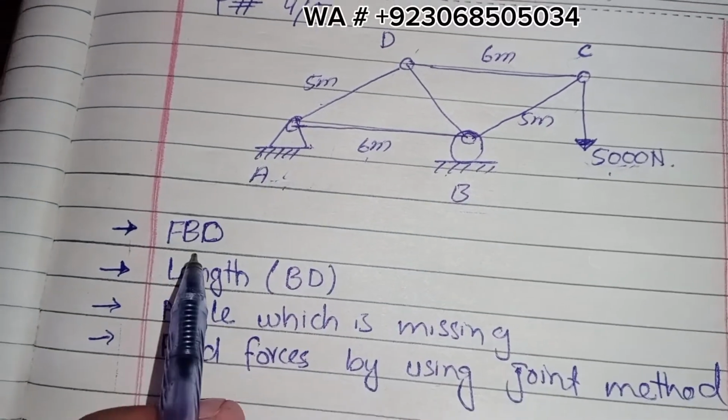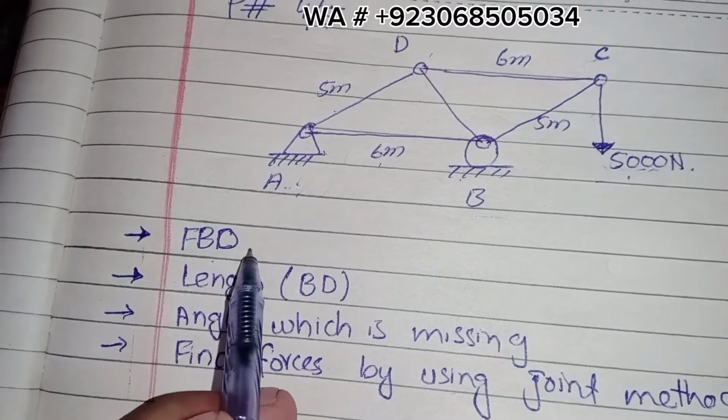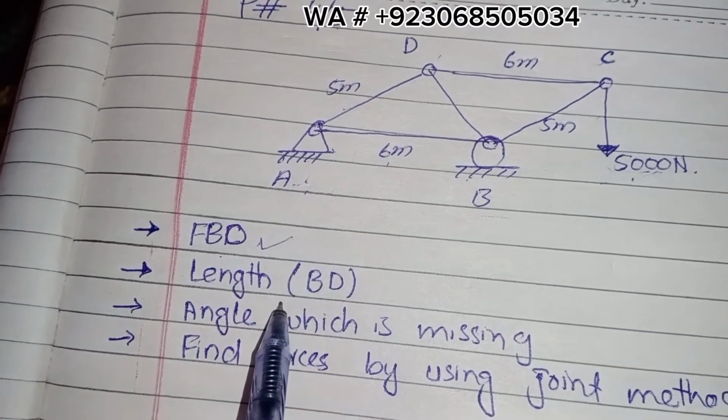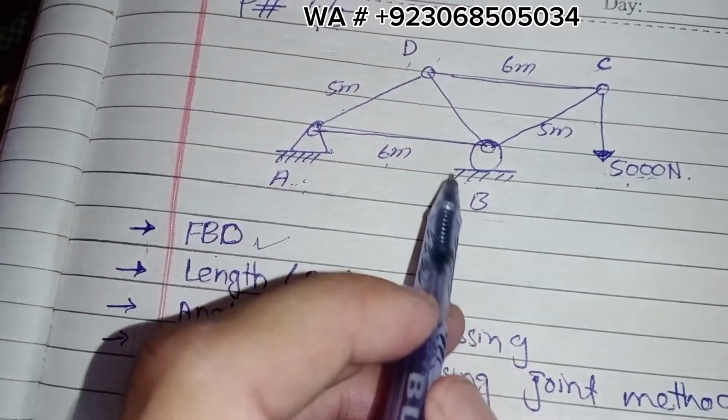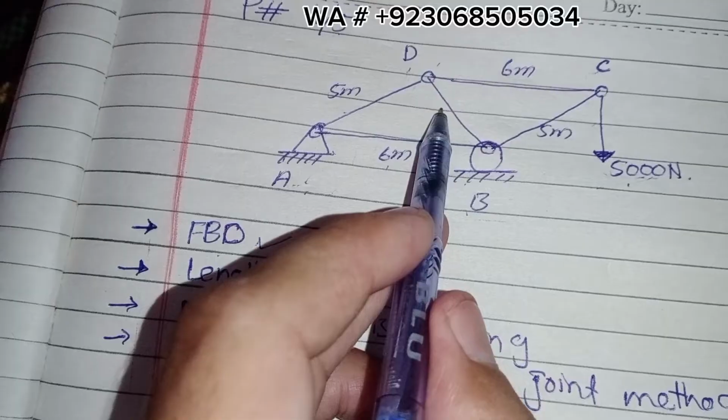First of all, the first step, you have to draw a free body diagram, and then you have to find the length between B and D. This is the missing length.